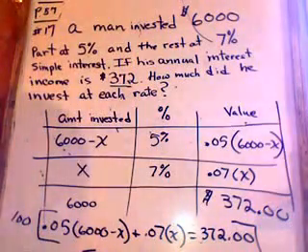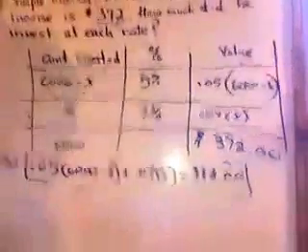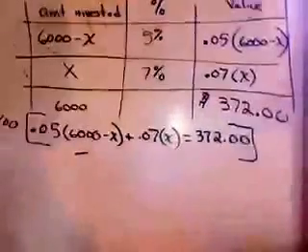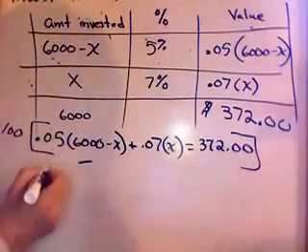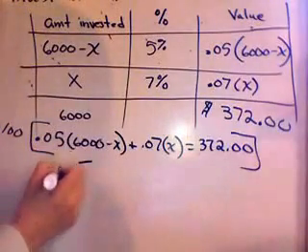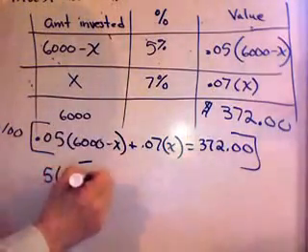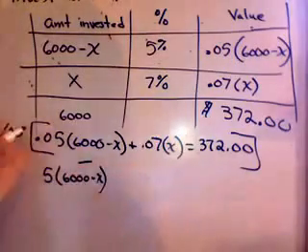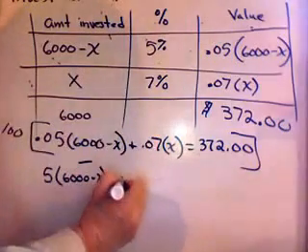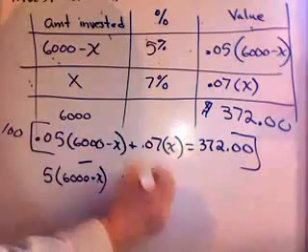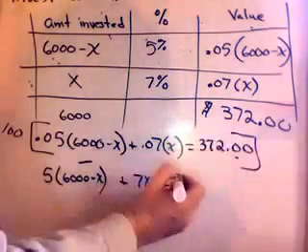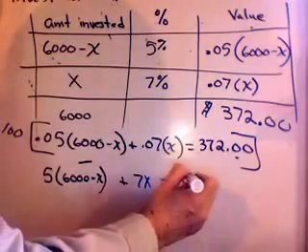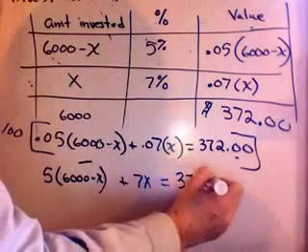Let me give a little more room here down below so we can work this out. So if I do 100 times 0.05, I get 5. So I have 5 times 6,000 minus x. If I do 100 times the 0.07, I get 7 times x. And if I do 100 times this number, it just moves the decimal point 2 places: 37,200.